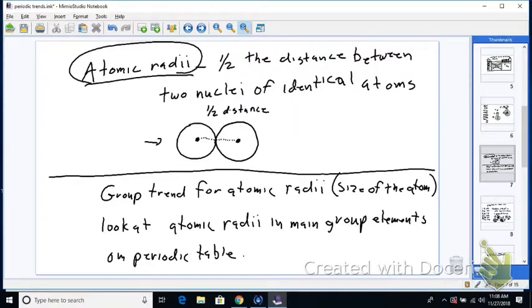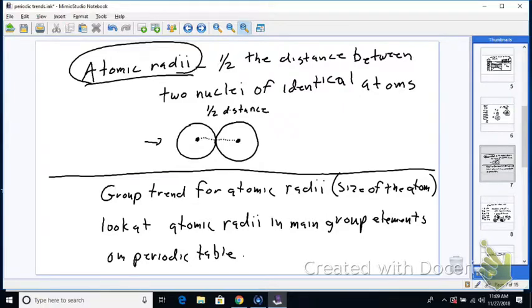What they do is they take 2 atoms side by side that are in a regular crystal structure, and in a roundabout way, they figure the distance between the 2 nuclei of those 2 atoms that are together in a sample, and they cut that in half, and they say that's the size of the atom.